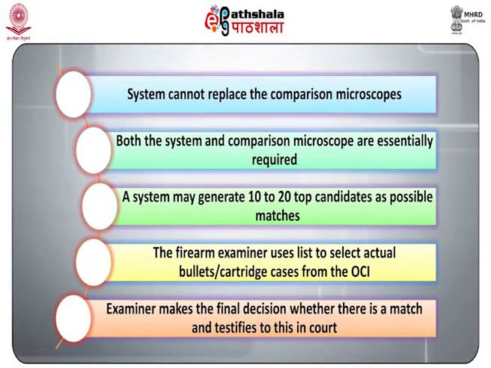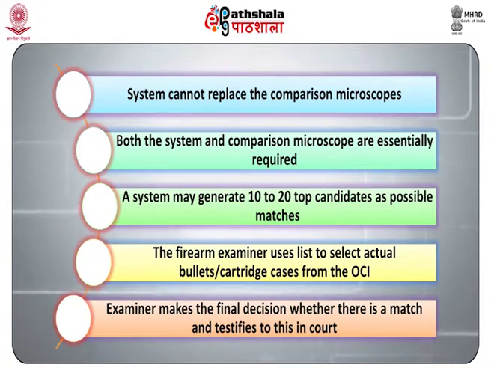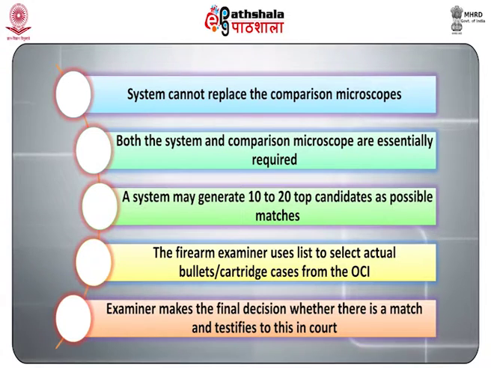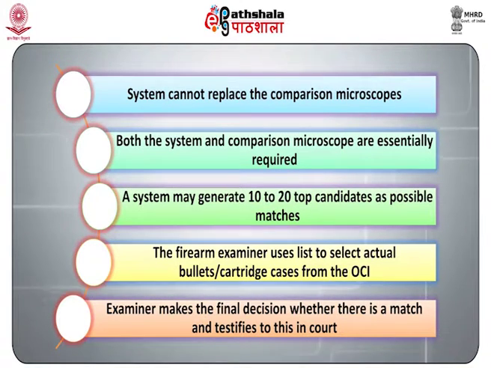The following important points are worth mentioning. Systems cannot at present replace the comparison microscopes. Both the system and comparison microscope are essentially required. A system may generate 10 to 20 top candidates as possible matches.